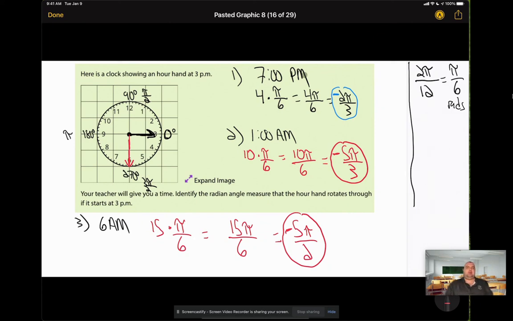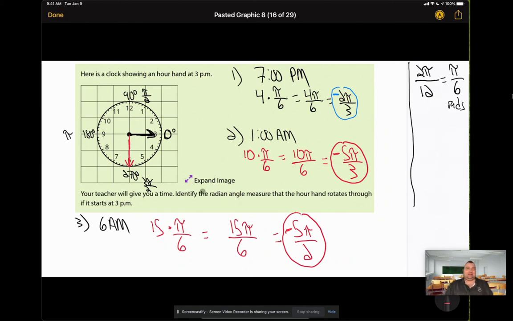So to figure out how much it rotates, I have to count the number of spots and multiply it by pi over 6. So I did 3 p.m. to 7 p.m., I did 3 p.m. to 1 a.m., and I did 3 p.m. to 6 a.m. And I did that again by counting the number of spots it moves on the clock and multiplying it by pi over 6.